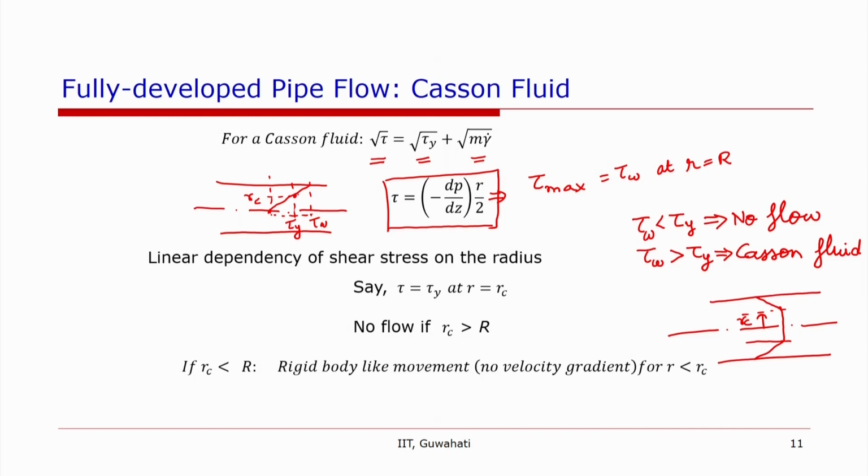So this core region will flow as a rigid body and the gradients will be present in the annular kind of region there. So for r less than RC, rigid body like movement will be in the core and the Casson equation will be valid in this region.